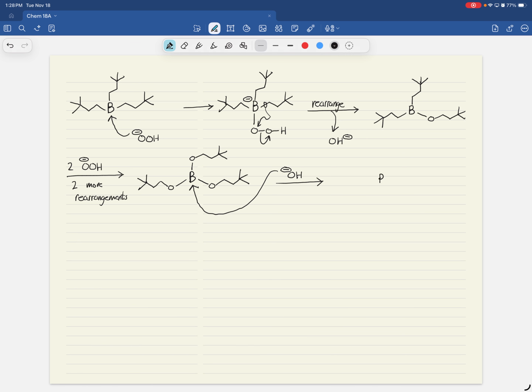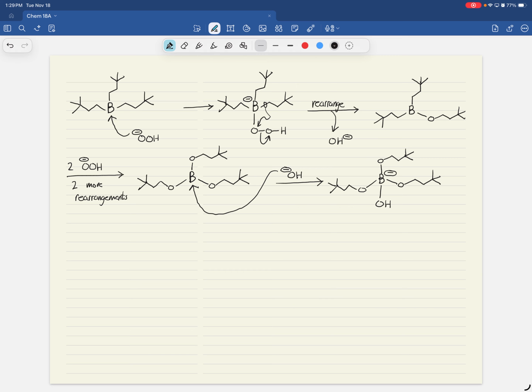Now let's draw this group here. All right. So this group is going to be OH now. And remember, the boron has a negative charge.